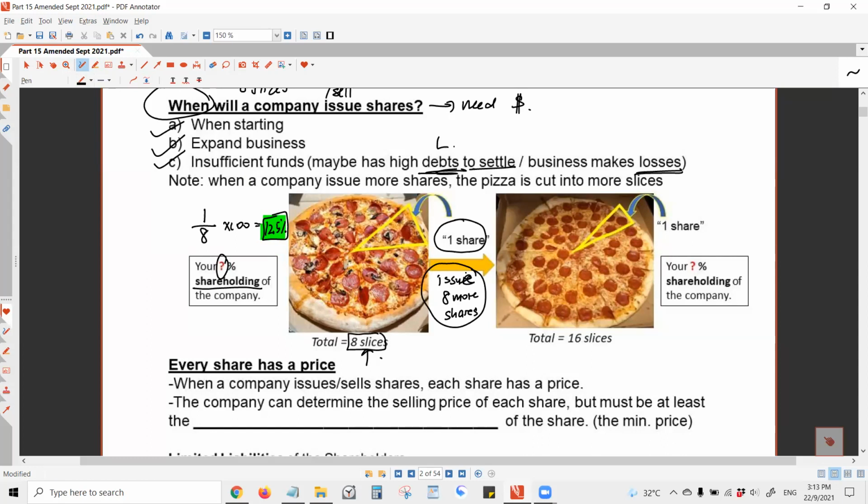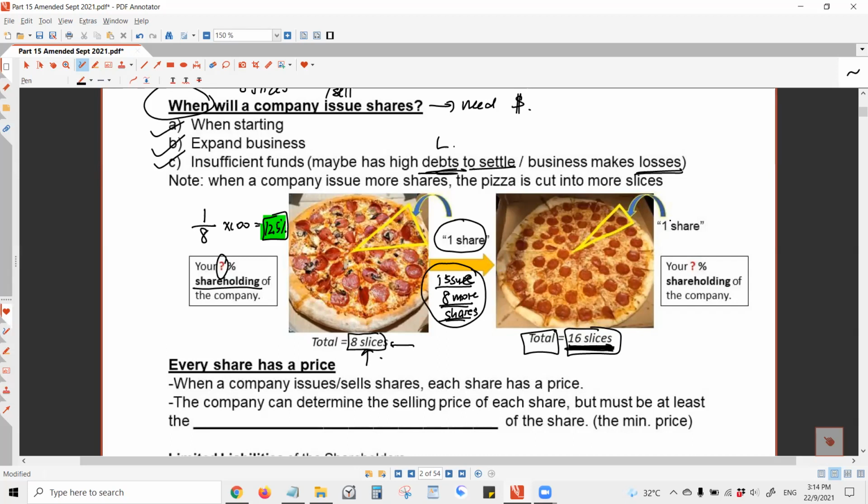I know the left picture and the right picture don't look like the same pizza, but I could not find the same kind of pizza; I got these two pictures from online. When the company issues 8 more shares, the pizza now has 16 slices. Originally there are 8 slices.